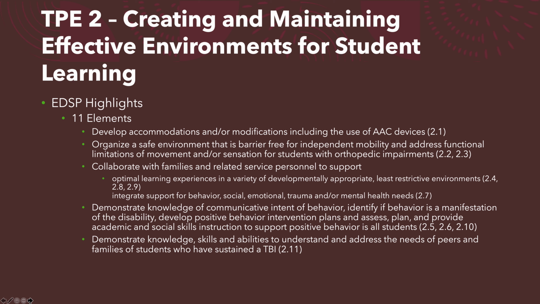This TPE is comprised of 11 elements, including developing accommodations and modifications, utilizing assistive technology, considering mobility limitations and organizing classroom environments that are barrier-free, collaborating with families and related service personnel to optimize developmentally appropriate learning in the least restrictive environment, supporting the behavior, social, emotional, trauma, and/or mental health needs of students, understanding the communicative intent of behavior, identifying if behavior is a manifestation of disability, and addressing the needs of peers and families of students who have sustained a traumatic brain injury.